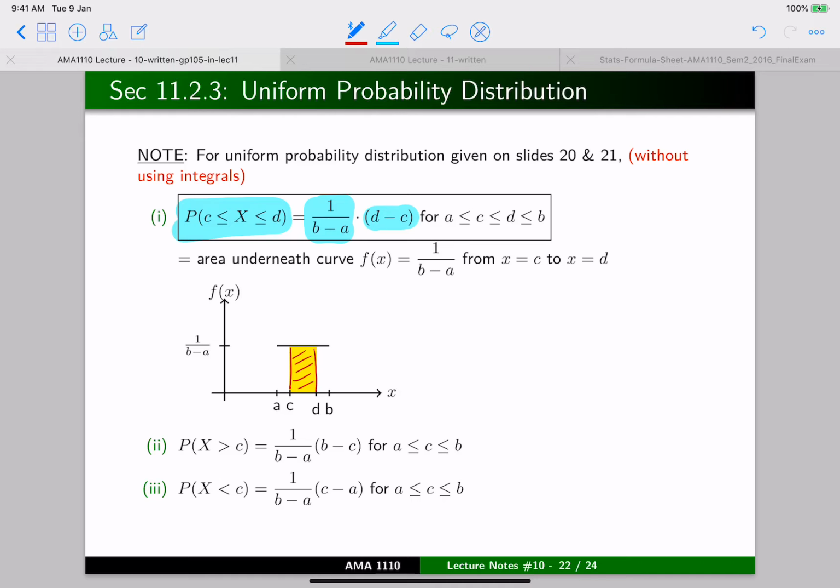And similarly, the probability that x is greater than c is the base, which is b minus c, times height, 1 over b minus a. Same thing, the probability that x is less than c is, this is the height of the rectangle, this is the base of the rectangle.